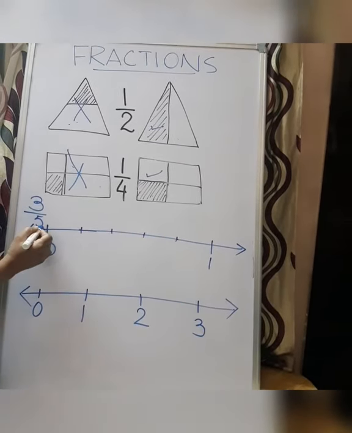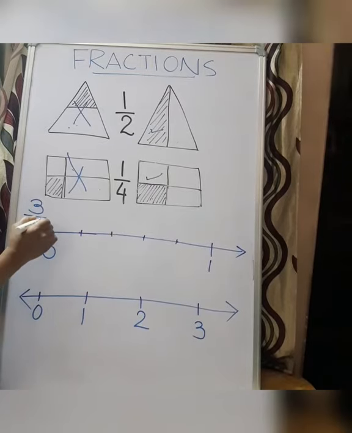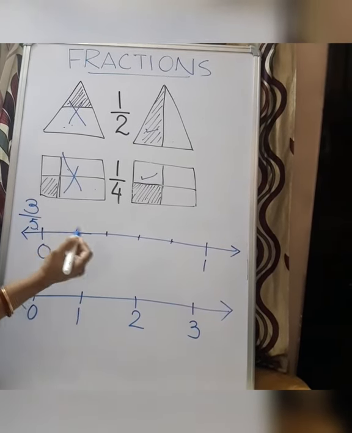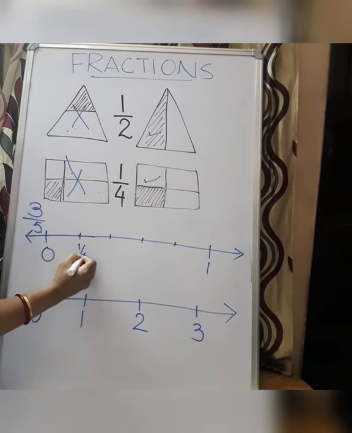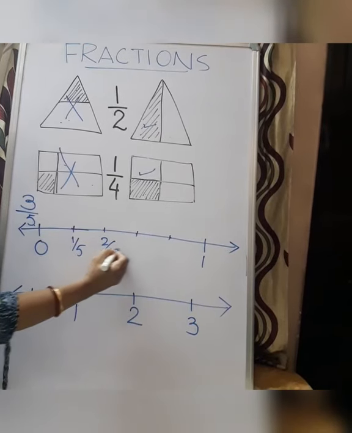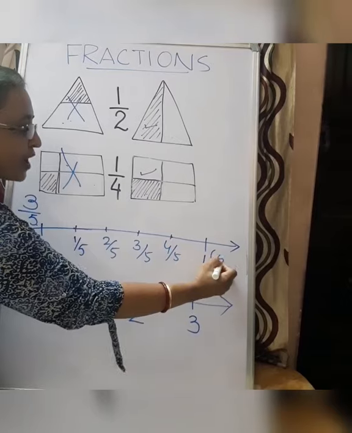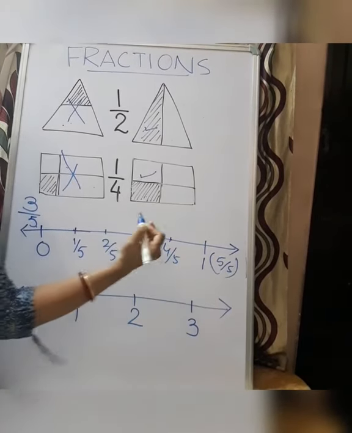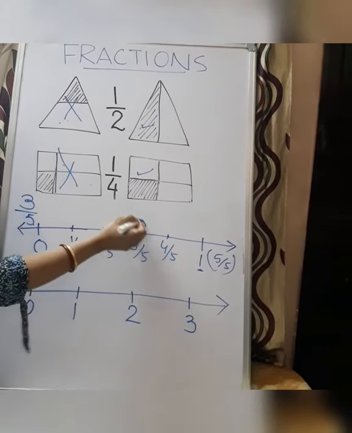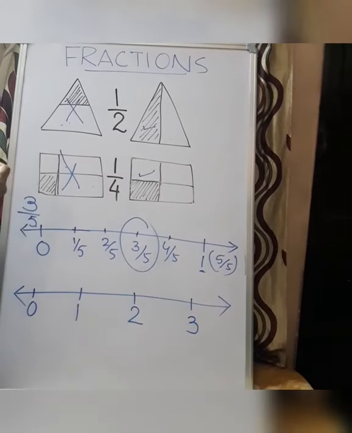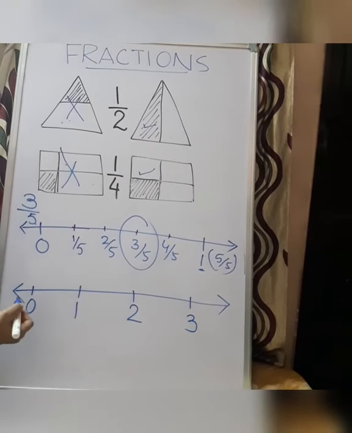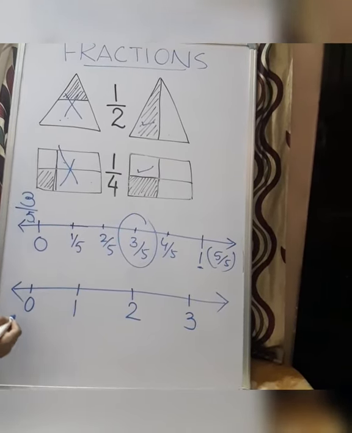Whatever the denominator is, that many parts we divide 0 to 1 into. So this is 1 by 5, 2 by 5, 3 by 5, 4 by 5, and this is 5 by 5 representing 1. So this is representing 3 by 5. Here we want to represent 2.5.